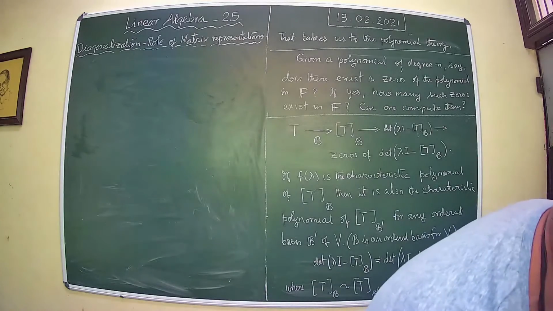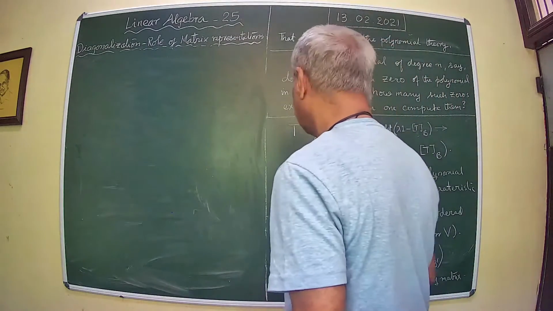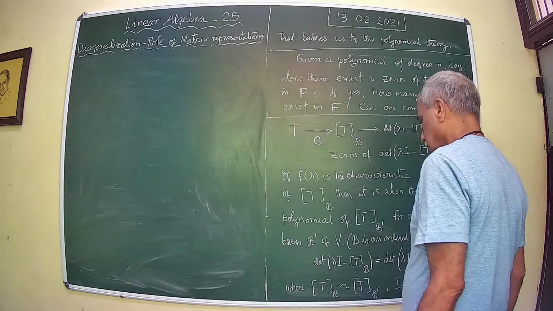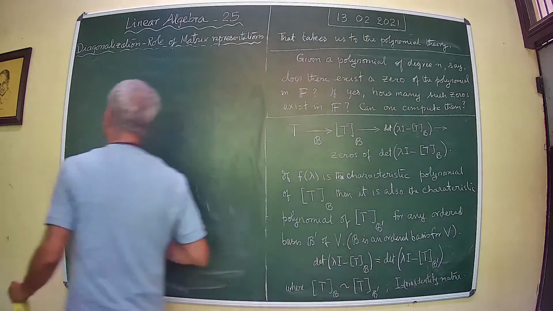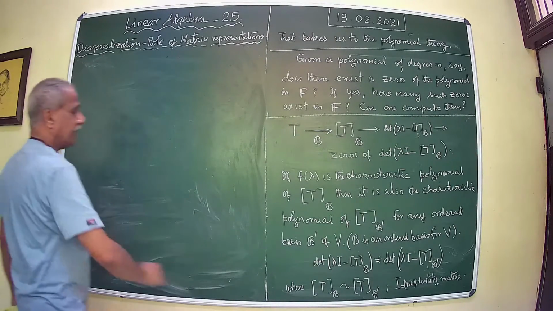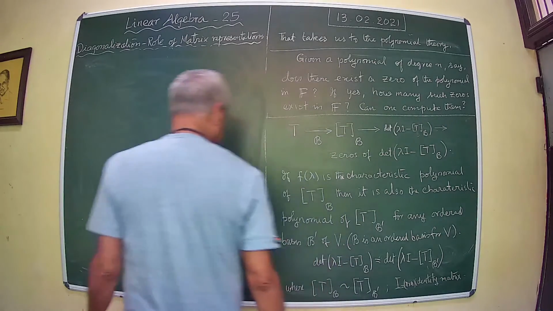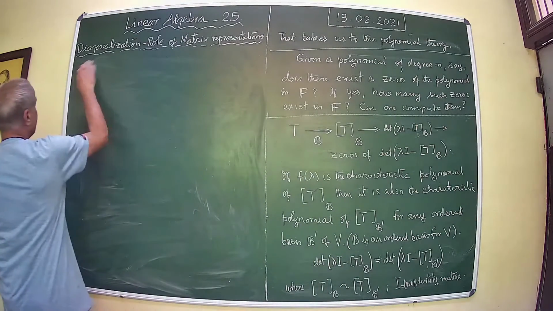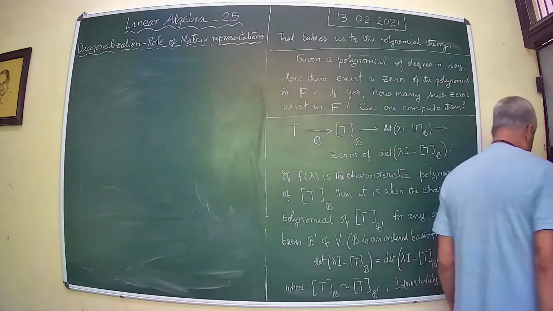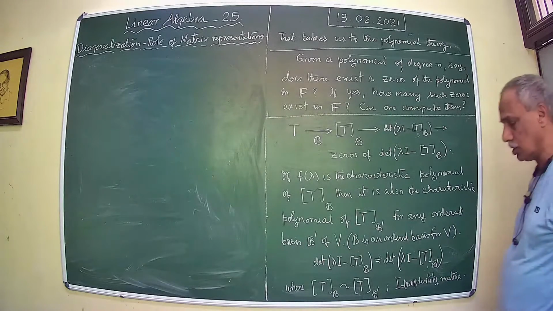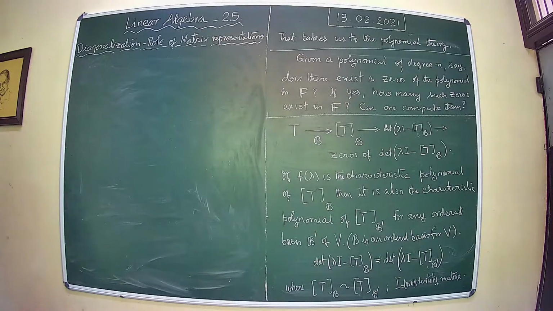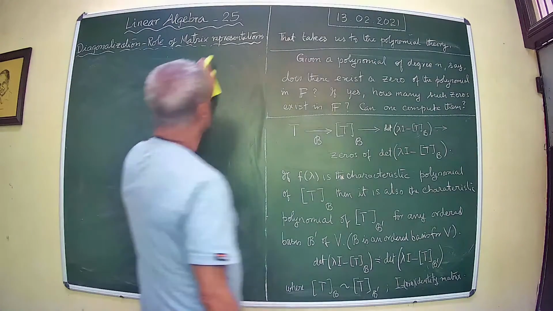Now suppose you get... now what we can say is that one case where you can say that all the eigenvalues do exist, or all the zeros of P exist in F, is when F is algebraically closed.